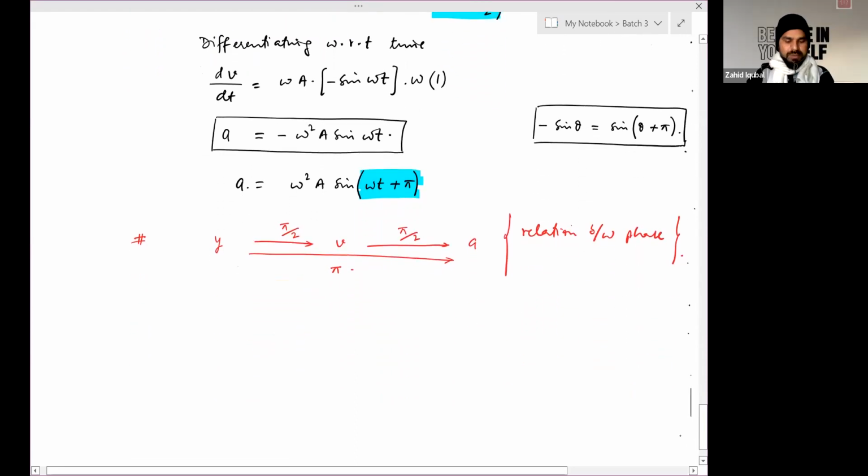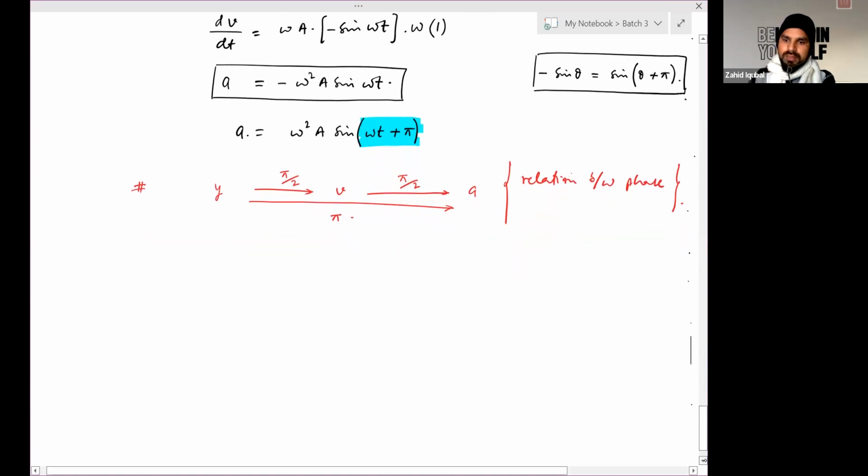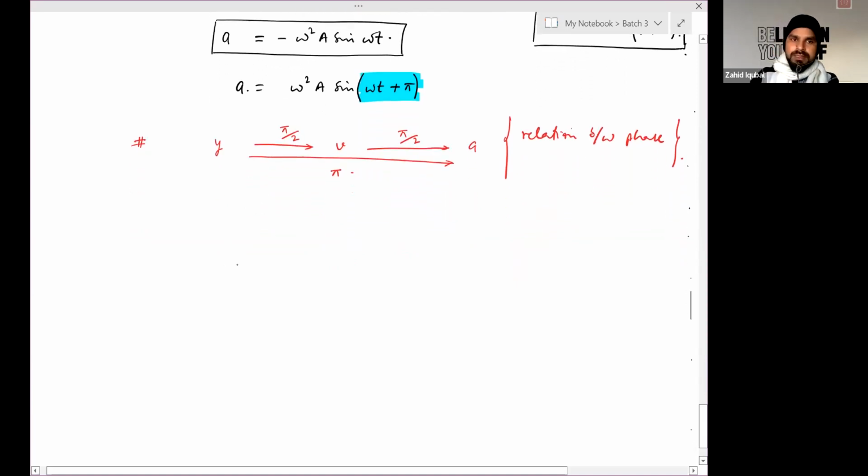Now, the next question will be asked related to this part. What would be the path for the relation between velocity and acceleration, velocity and displacement, and acceleration and displacement? So let me define how. According to velocity and displacement, it was omega times the square root of a squared minus y squared. So if you square both sides, you will get v square equals omega square a square minus omega square y square.